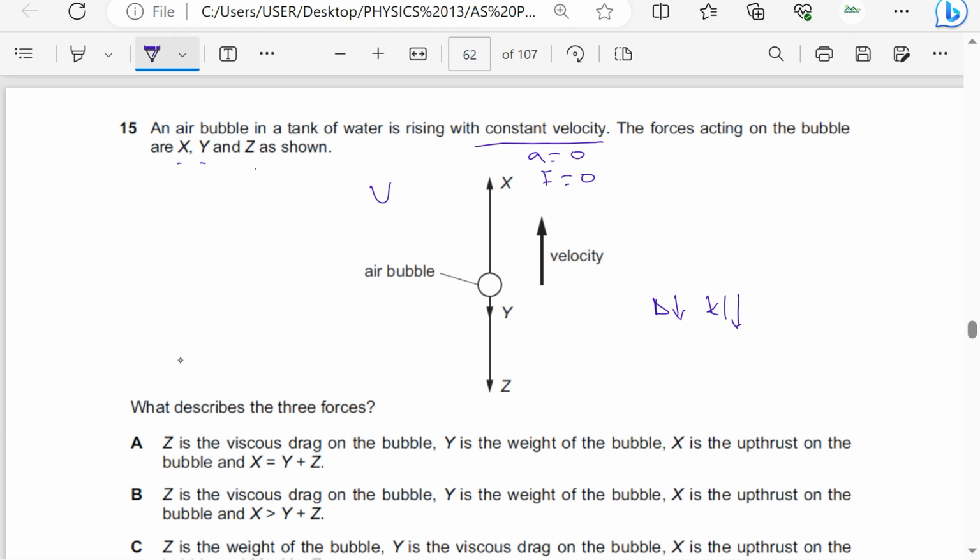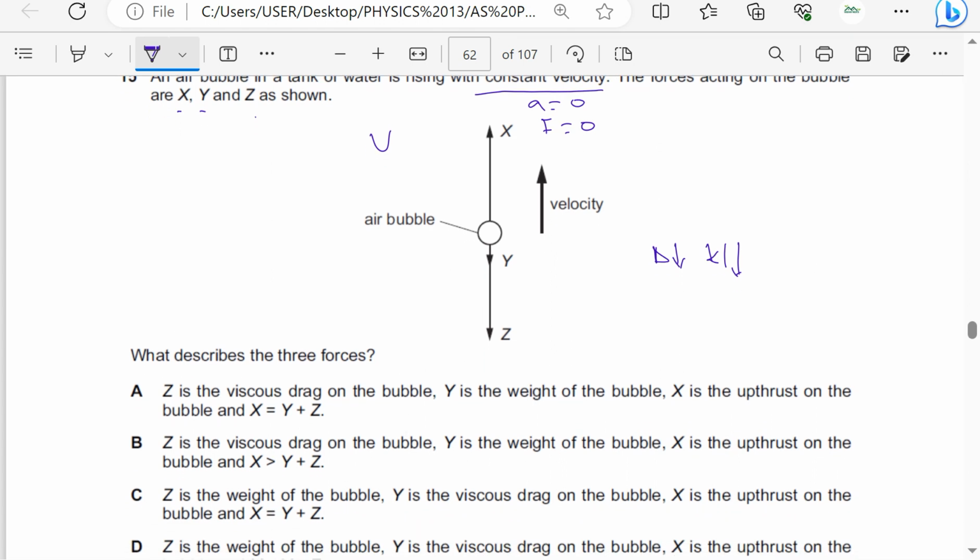What describes the three forces? Z is the viscous drag on the bubble. Y is the weight of the bubble. X is the upthrust. So we are sure X must be the upthrust because it's acting upwards. X is the upthrust on the bubble and X is greater.